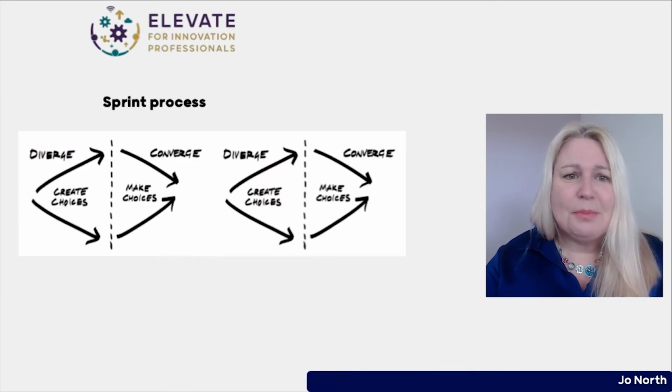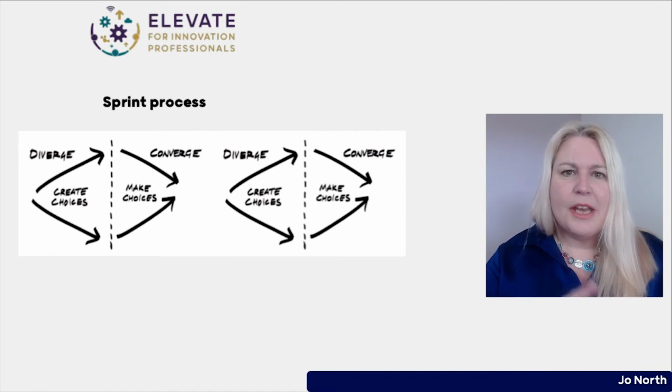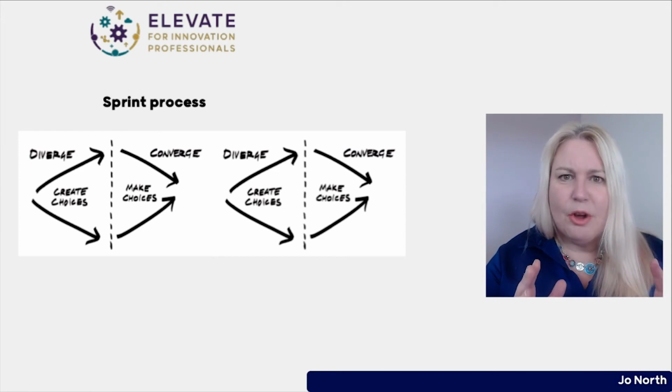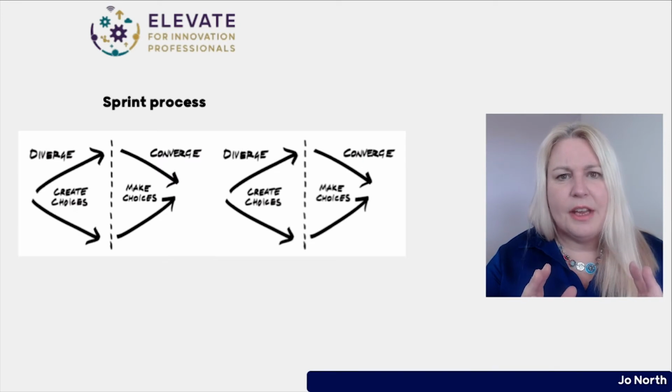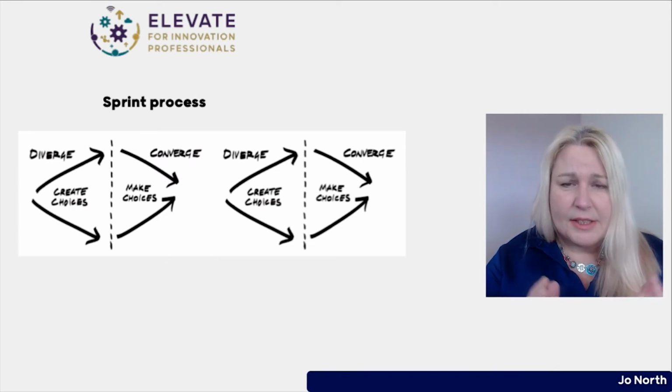Now, throughout the sprint process, whether you're doing this in person in a room, and I'll talk about the virtual element in a minute, or whether you are doing it virtually, you're taking people through a process where you're opening up their thinking. It's all about exploring options, creating options, and that's called divergent thinking. And then it's about selecting from those options in terms of which ones you're going to take forward, the making choices stage.